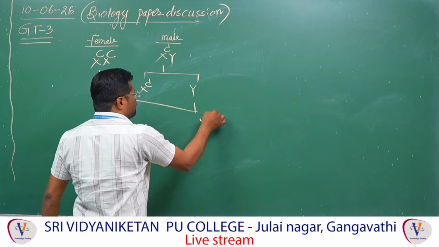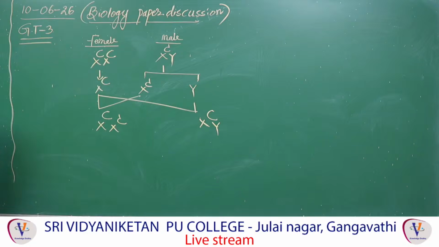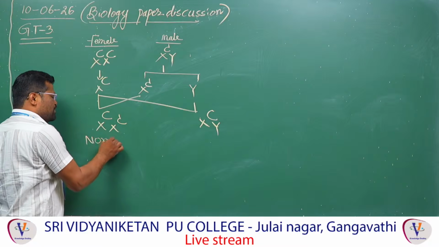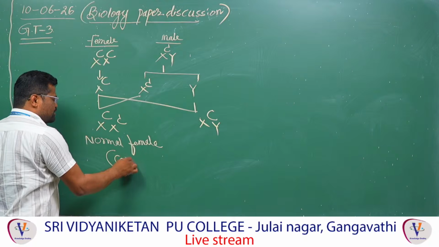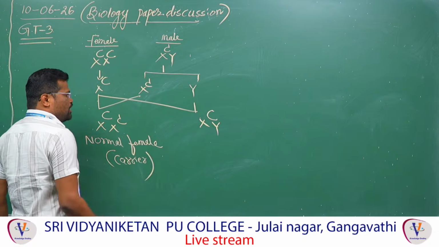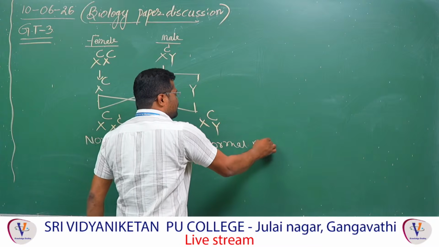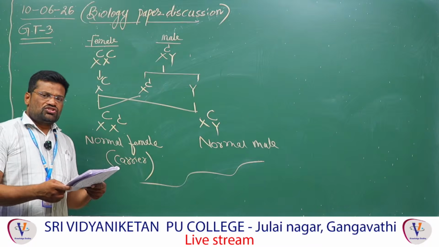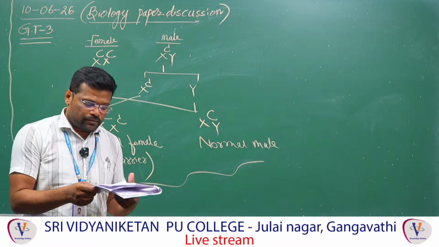X capital C versus Y gives X capital C, Y. So X capital C, X small c represents a normal female, but she is a carrier. X capital C, Y is a normal male. So both are normal. Understood? So the answer is 0%. Answer 1.